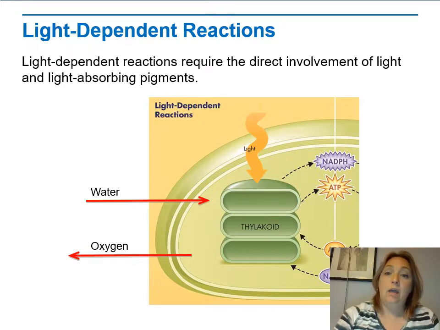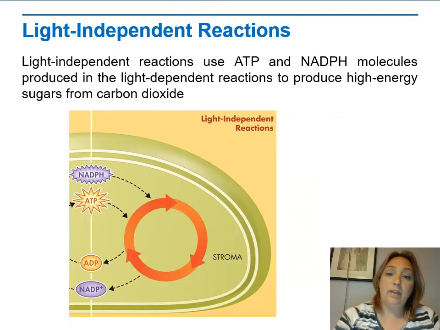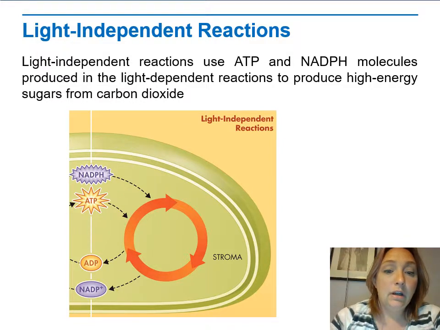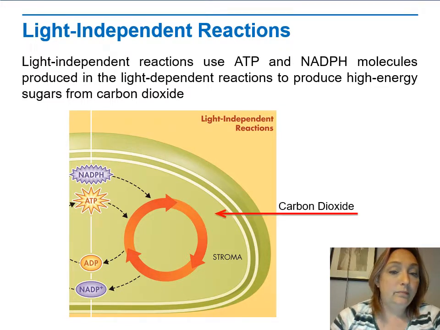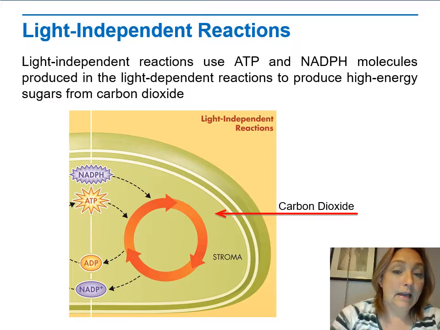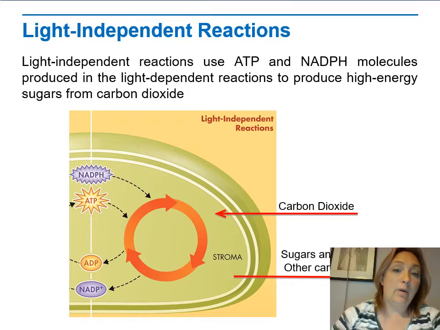You can see both of these, the ATP and the NADPH, carry electron energy into the stroma of the cell, where we take carbon dioxide and bind it up to make sugars and other carbohydrates.